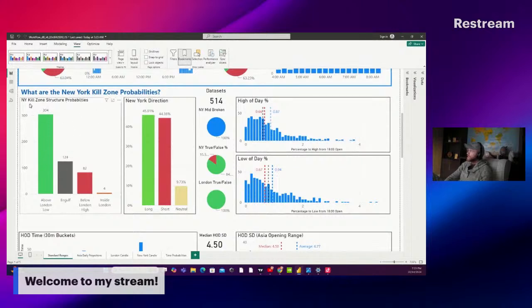We can see that these are the probabilities for the 9:30 to 10:30, right? Like I said, in like 2 weeks, it will be the New York AM and New York PM, right? And we can see that from a percentage standpoint, there's way more above the London low than there are engulfing London and below London high, right?